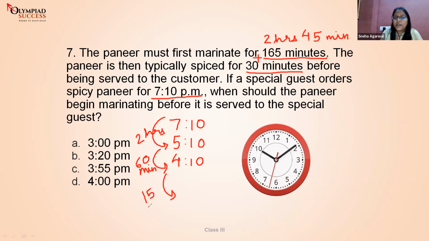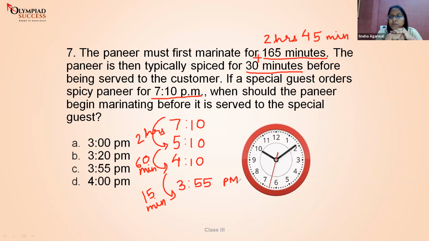That's absolutely correct, beta. Very good. So subtracting 15 more minutes, we get 3:55. That means they will start marinating the paneer at 3:55 p.m., so that if a special guest is ordering at 7:10, they can prepare and present it to their special guest.